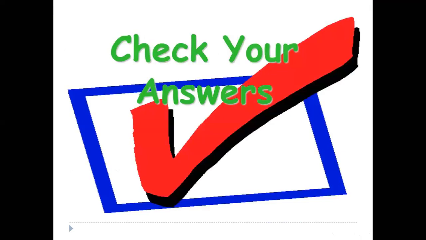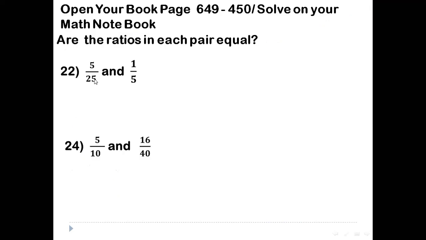Let's see the answers. 5 over 25. We can divide 5 and 25 by 5. So, when you divide by 5, you get 1 over 5, which is the same as the other one, 1 over 5. So yes, they are equal. But in number 24, if you simplify 5 over 10, divide each one by 5, you will get 1 over 2.